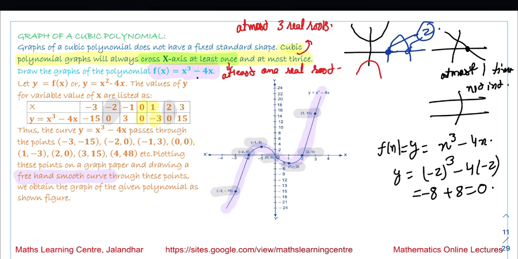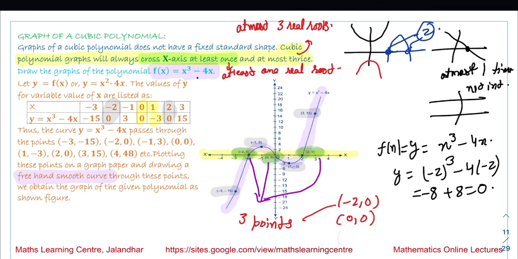If we look at this graph, we see that at minus 2, 0; 0, 0; and 2, 0, these are the 3 points where it is intersecting the x-axis. This is our x-axis, and the graph intersects it at 3 points: minus 2, 0; 0, 0; and 2, 0.